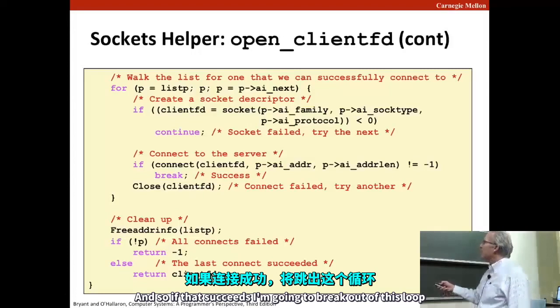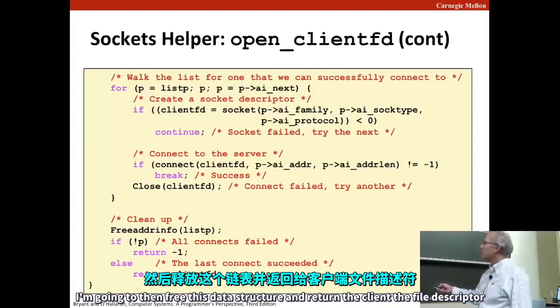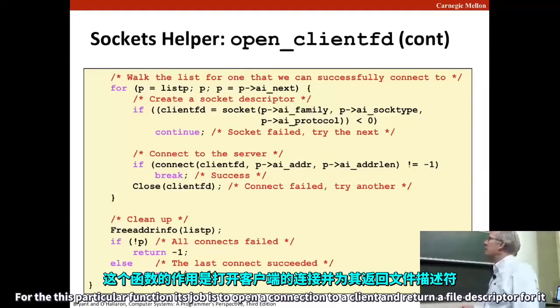And so if that succeeds, I'm going to break out of this loop. I'm going to then free this data structure and return the file descriptor for this particular function. Its job is to open a connection to a server and return a file descriptor for it.